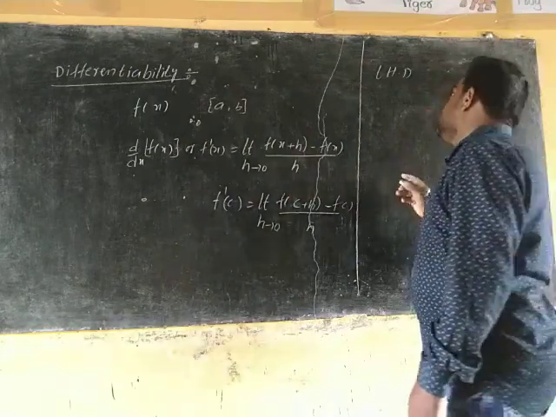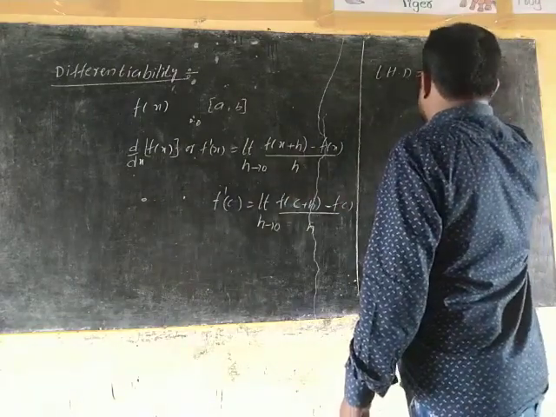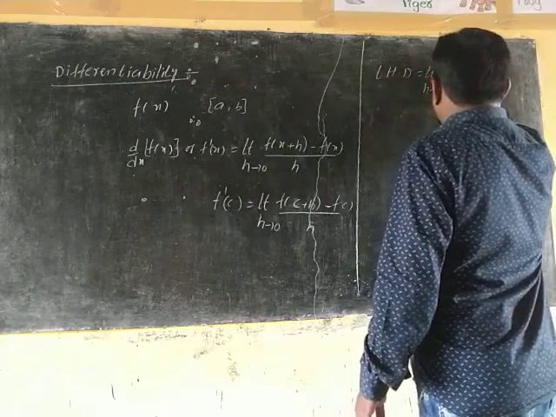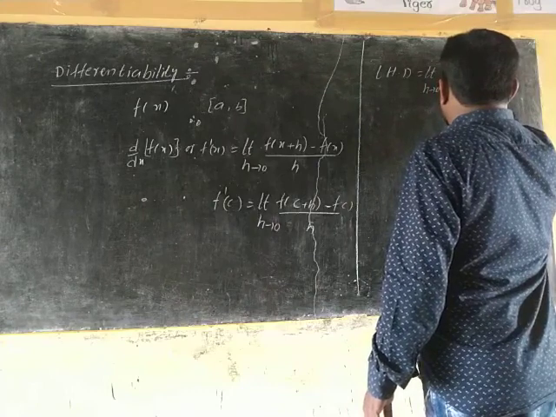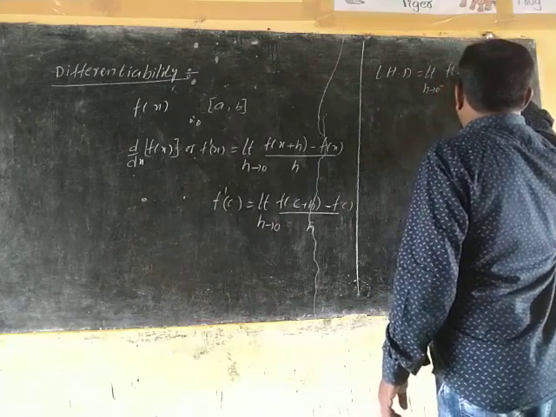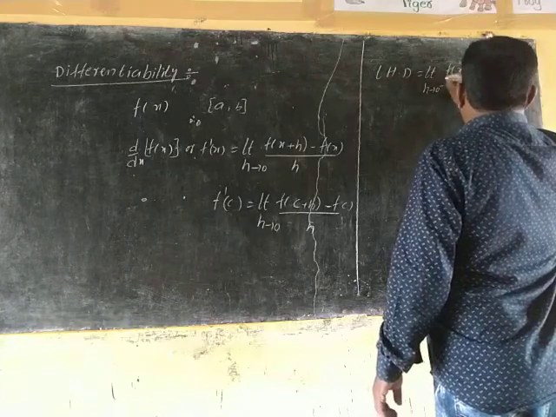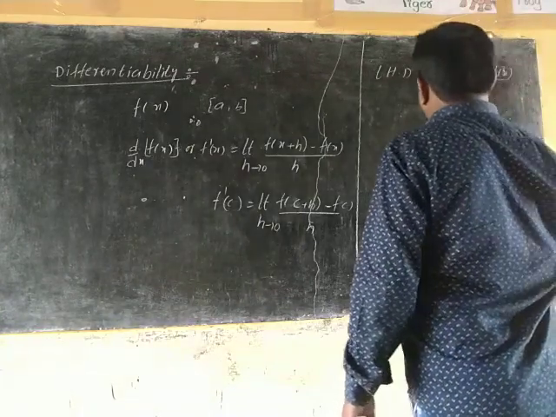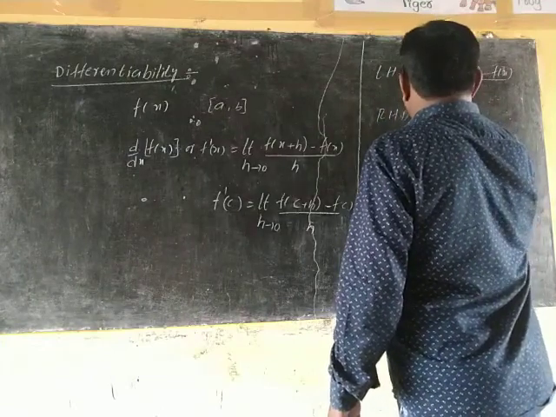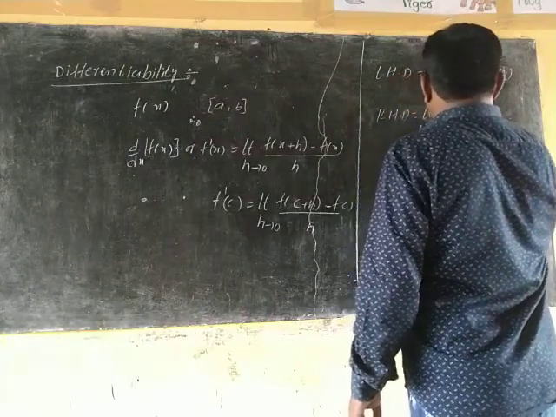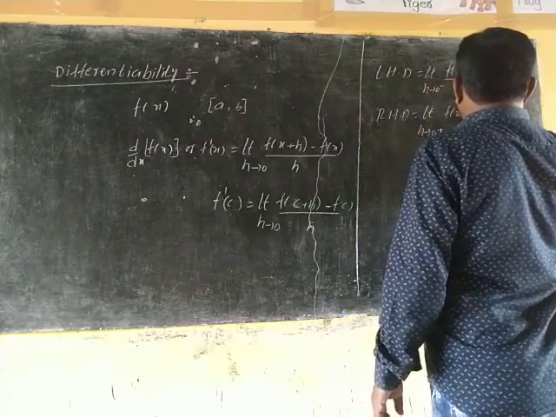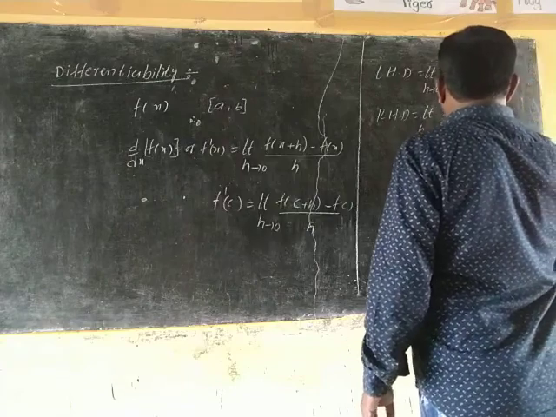Here, left hand derivative is nothing but limit h tends to 0 minus of f of x plus h minus f of x, by h. Right hand derivative is nothing but limit h tends to 0 plus of f of x plus h minus f of x, by h.